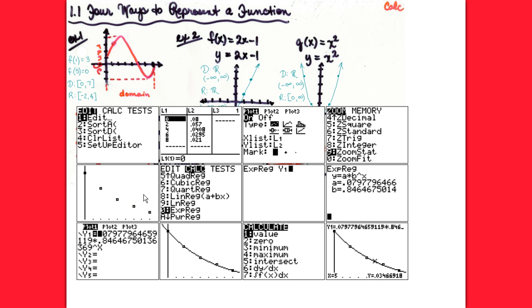I could zoom and trace and try to figure out approximately what that value was. Or I could get my calculator to do a regression and create an equation that fits that information, and then I'd be able to plug 5 into that, right? So that's exactly what I want to do.